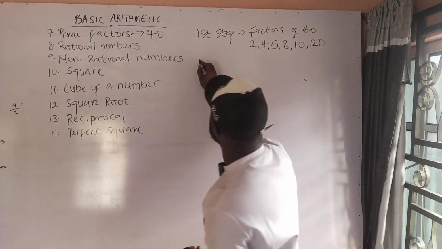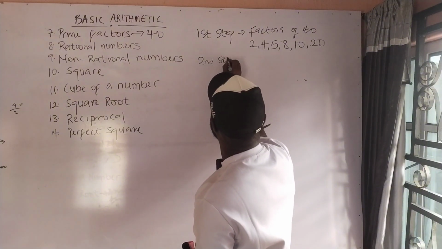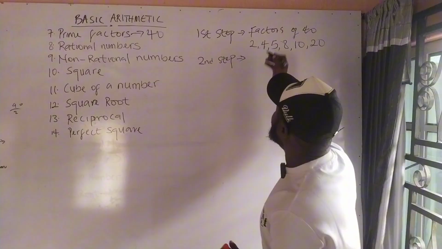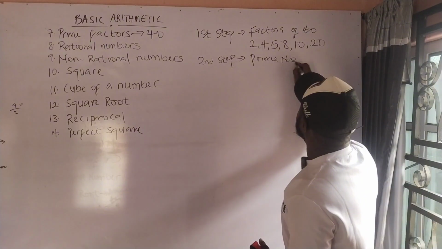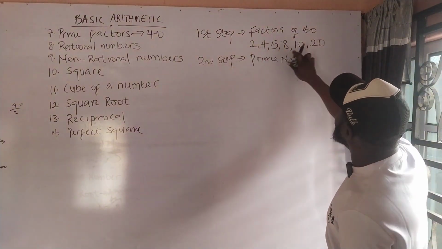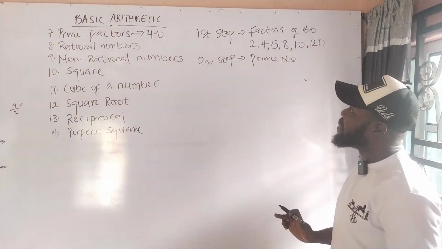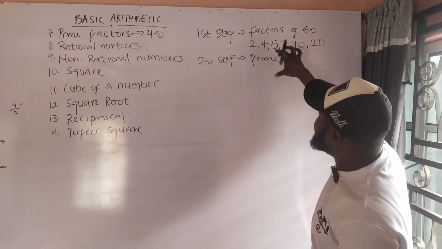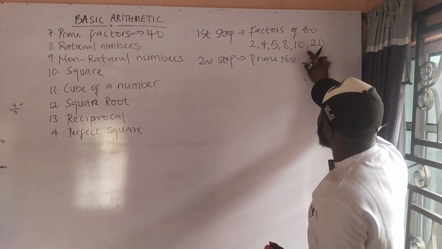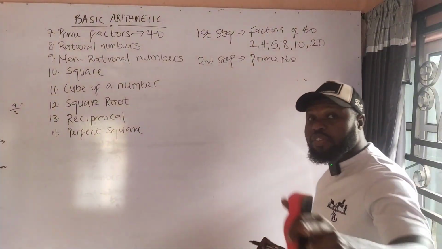The next step, the second step, is to now find the prime numbers among all these factors. The first step is to find the factors, while the second step is to find the prime numbers among these factors. And what is a prime number?